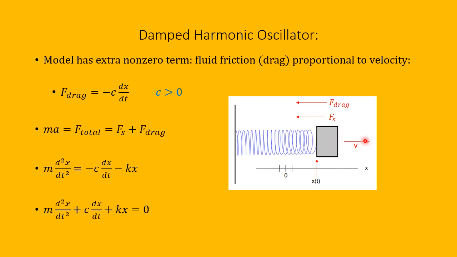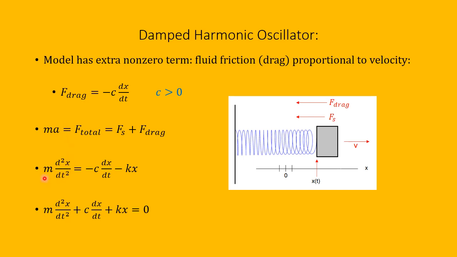It's going, let's say, in the positive direction, and the force due to drag is in the direction opposite to the velocity and is proportional to the velocity. So for this mass, the mass times its acceleration is equal to the total force on the mass, which is the restoring force due to the spring, Hooke's law, plus the force due to drag.